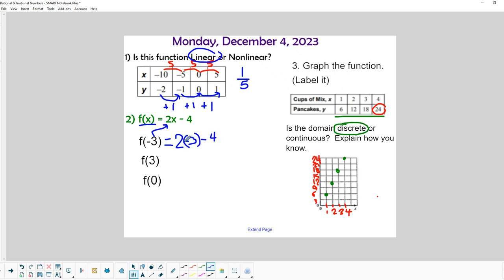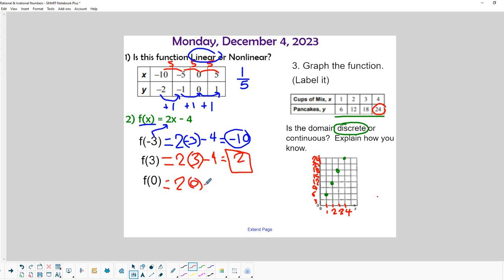So that would be -6 minus 4, which is -10. So the first one would be -10. The second one, we're going to plug in the number 3. So 2 times 3 this time would be 6, and 6 minus 4 would equal 2. A big difference when you change the sign like that. And then the last one, 2 times 0.